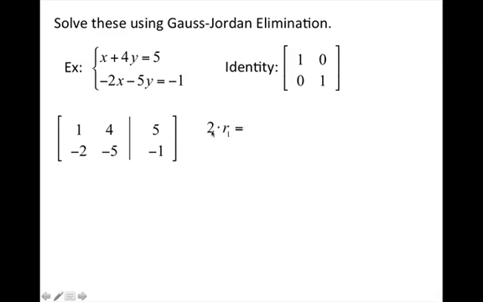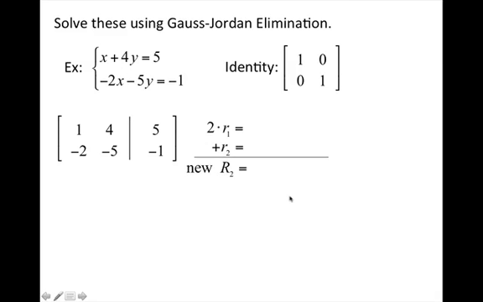I'm going to say +2 times row 1. Then I added the two equations together, so I'm going to do the same thing with my matrices. I'm going to add row 2. This is going to give me my new row 2. You always put your answer where you wanted that 0 to be.